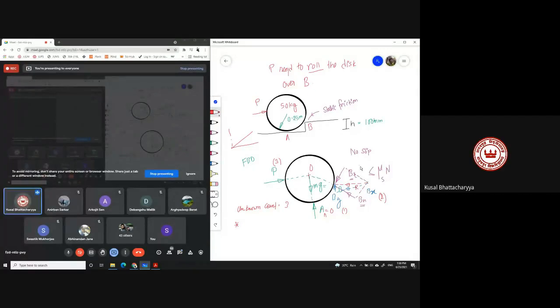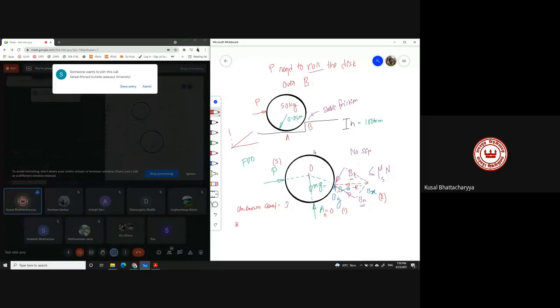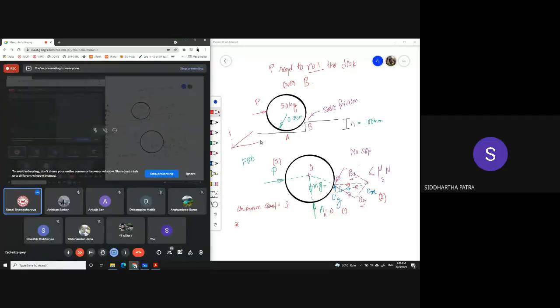Sir, can you repeat the part of why we are not taking the tangential reaction force at point A? If you are confused, let's just take it to be, let's just say there is an At. It's just that if there is no contact, if you are about to lose contact with A, then there is no normal support or frictional support or tangential support, any kind of support.